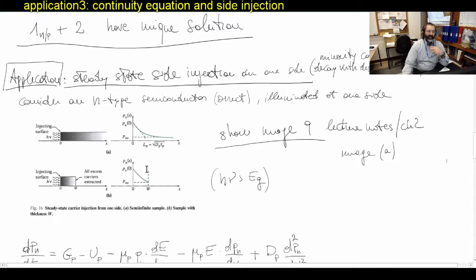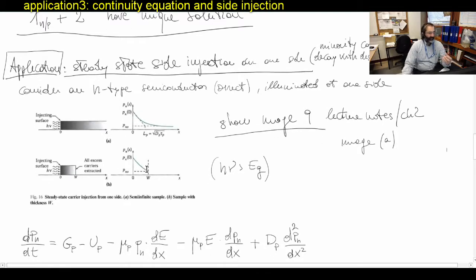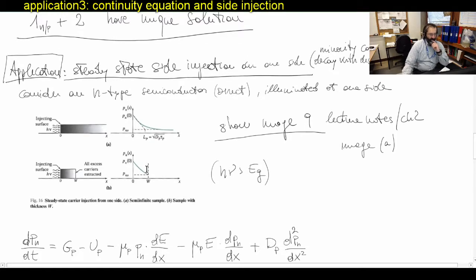This is related to the continuity equations that we will see in a moment.